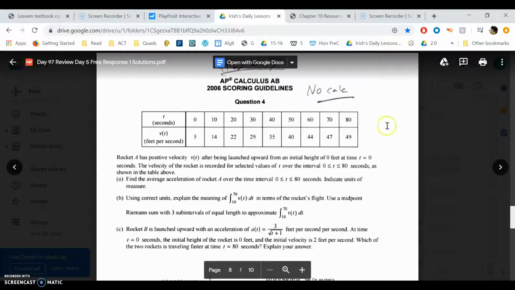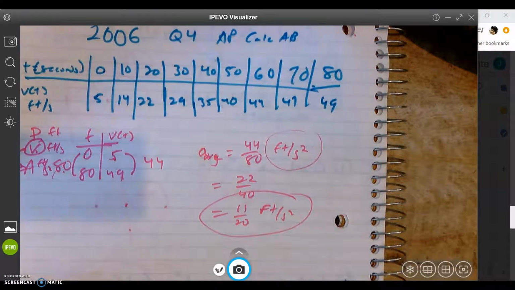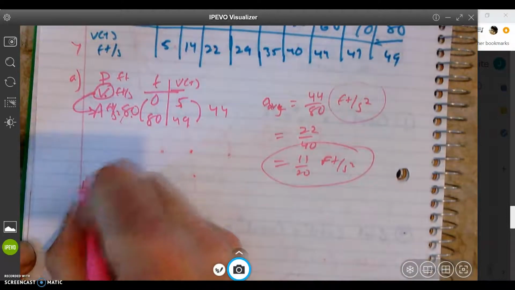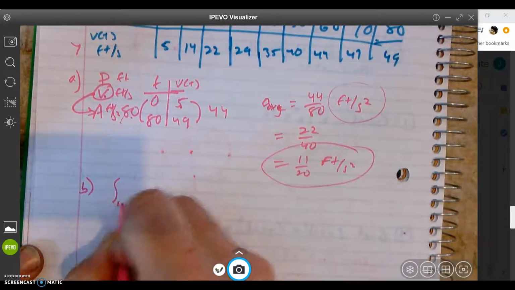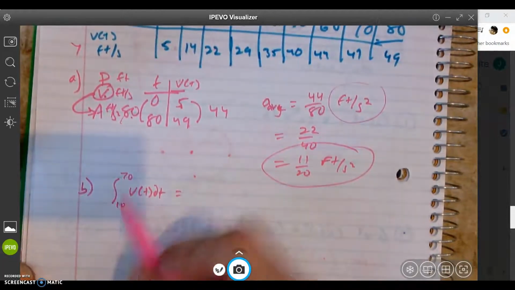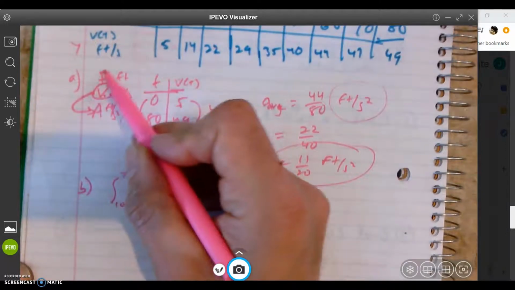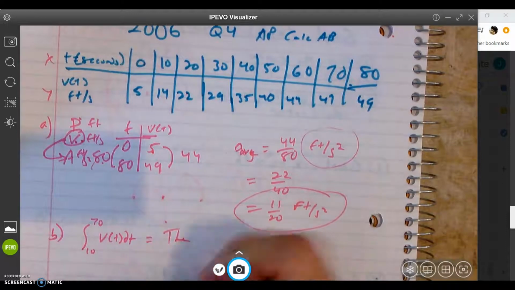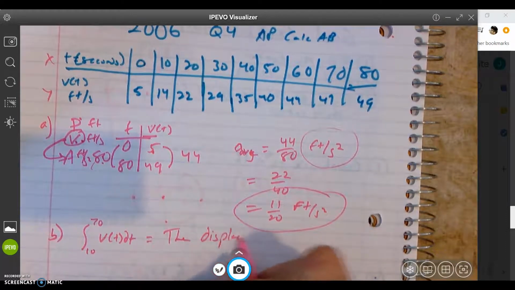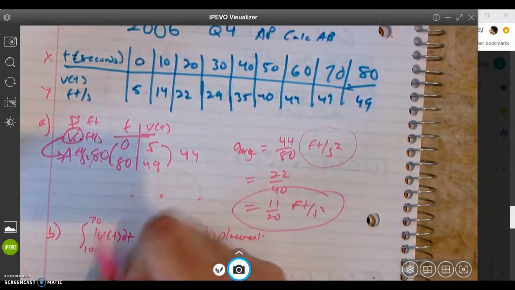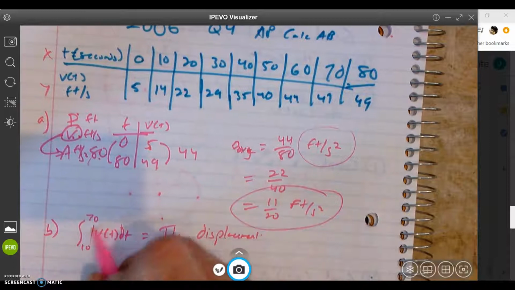Okay, so let's see what we got. Part B. The integral from 10 to 70 of v of t dt: if you're at velocity, the integral would mean the position. So that would mean the displacement, or you can say distance, and this is all positive, because usually distance is the absolute value, but ignore that right now.